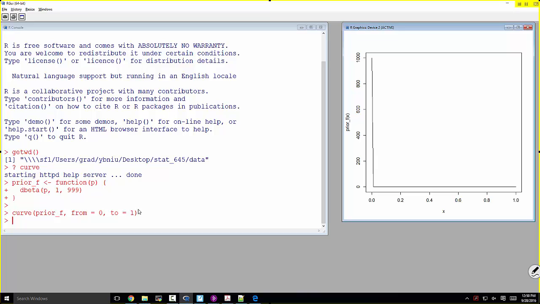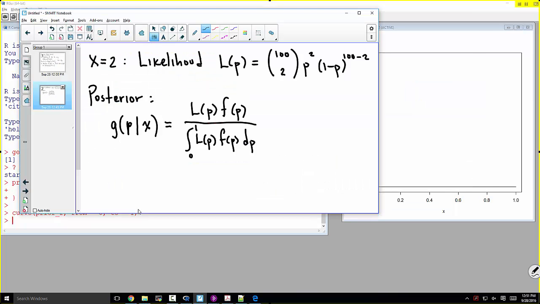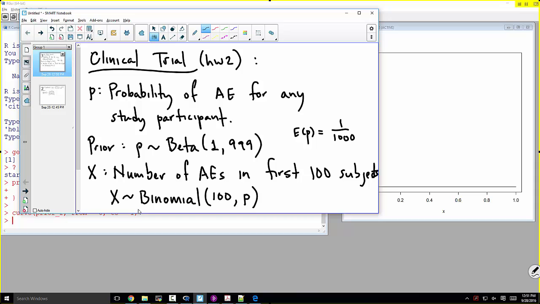That is the prior, and it's kind of hard to see what it's doing, but because of our setting the prior mean equal to 1 over 1,000, all the probability mass is piled over there close to 0. That distribution looks like this, from 0 to 1. It's the prior for P. It spikes and then tails off very quickly.